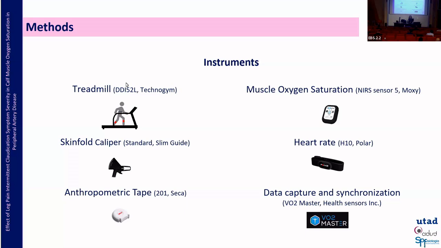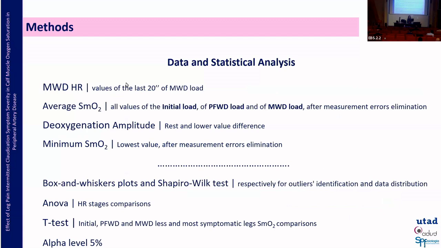The instruments that were used, I'm going, and we consider the 20 seconds data of the maximal walking distance load for maximal walking distance. Heart rate response: maximal heart rate achieved during this protocol.